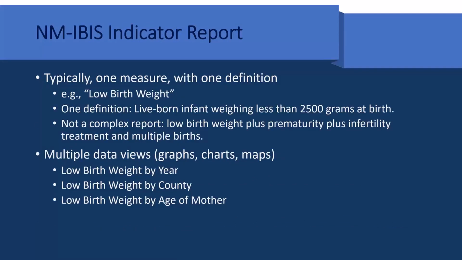There were times in Utah where people wanted to cram a bunch of different measures into an indicator report, like let's look at tuberculosis and then have a view for all antibiotic resistant diseases and blah, blah, blah. It's like, no, let's use a story page for those kind of things. For indicator reports, it's typically 1 or 2 measures, like crude and age adjusted, and a bunch of slices of the data for those measures or that measure.